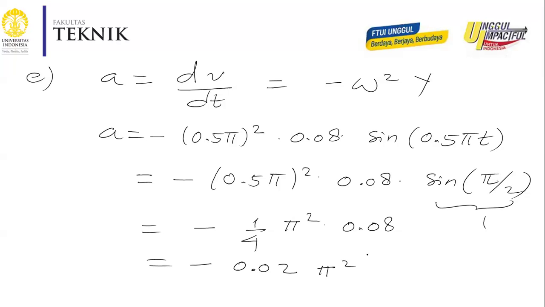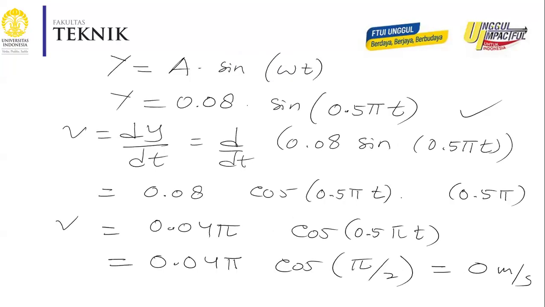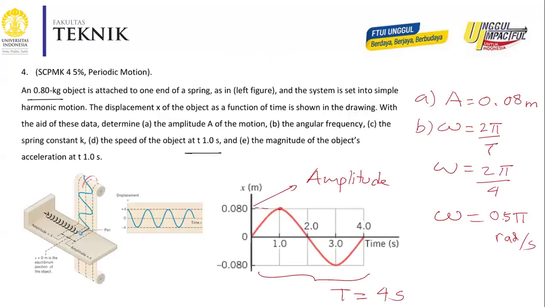Because the value of pi is around 3.14, the answer is minus 0.2 meter per second square. This is the acceleration of the particle. Then we also found the speed, spring constant, angular velocity and amplitude.